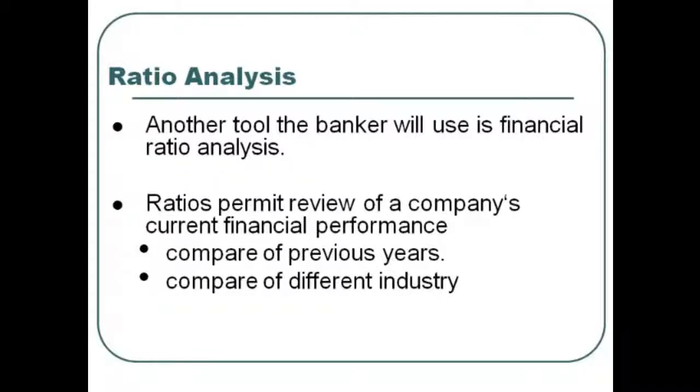Then they'll see whether your ratio is reasonable or not. If not reasonable, then they'll ask why. Why do other people do a certain ratio, and you do another ratio? What is the reason? Also, the ratio gives the bank a chance to compare with the previous year.